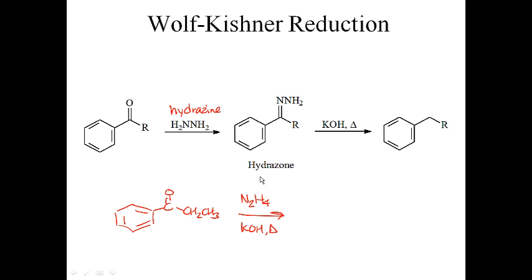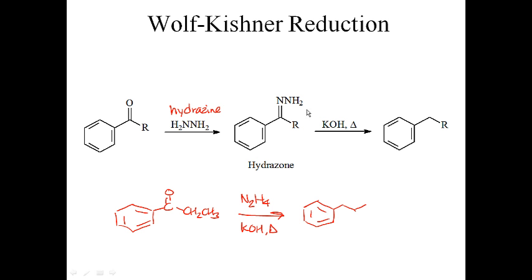That's Wolff-Kishner reduction. That's going to reduce that carbonyl group down to my propyl benzene. Okay, so Wolff-Kishner is the second way to do this.